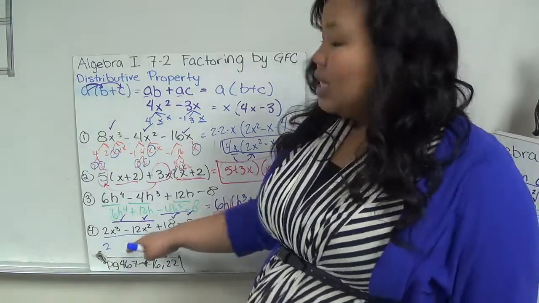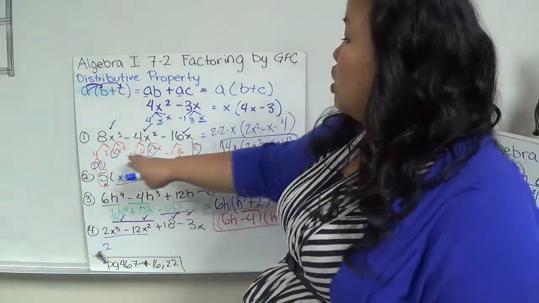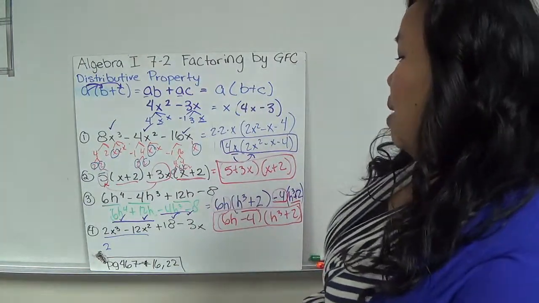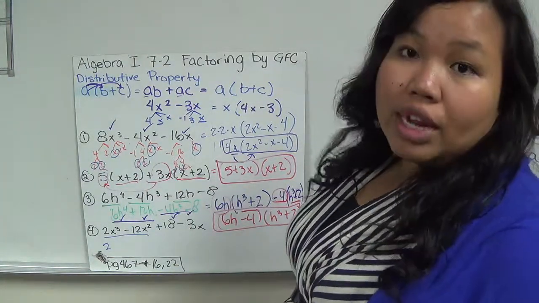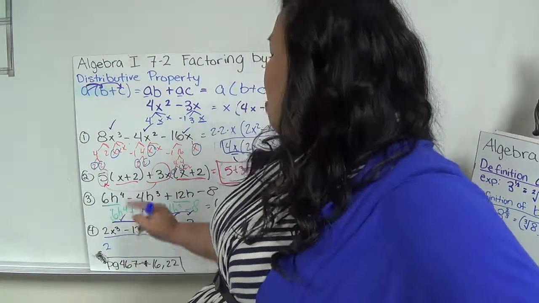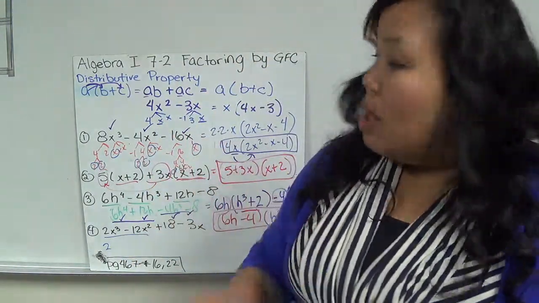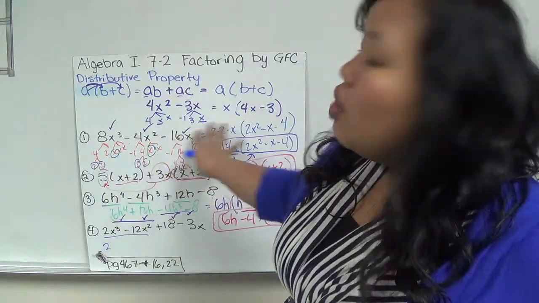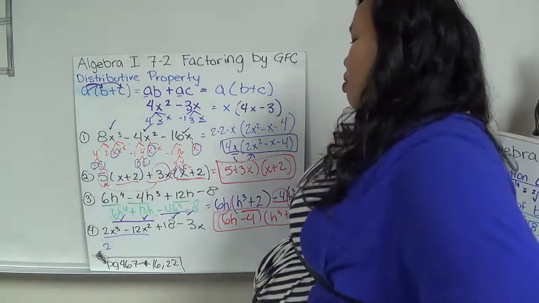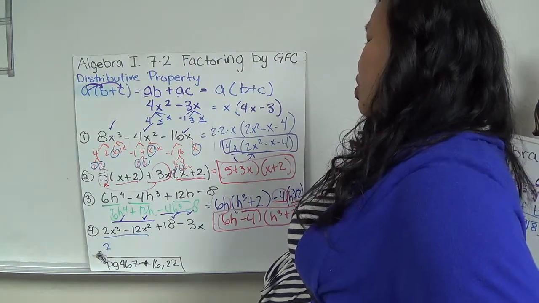If this is not making sense, how I'm getting the numbers, all I'm doing is this, but I'm doing this part in my head. If I had space, I would do it, but we can go over it in class if you get confused. I'm only focusing on these two. Remember, I can only do this when there are 4 terms, because when there are 3, there'd be one that's off on its own.